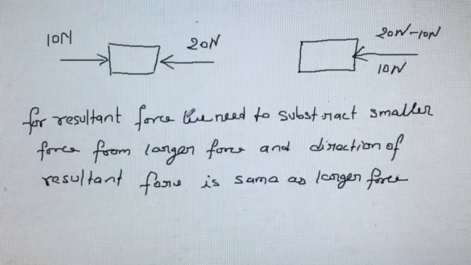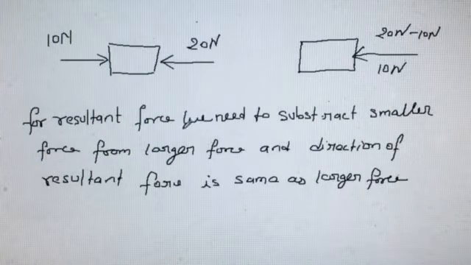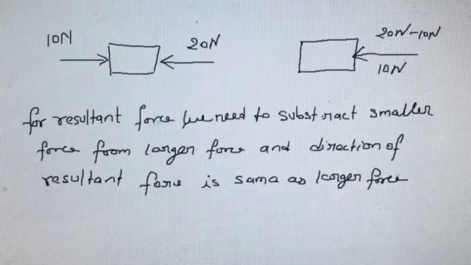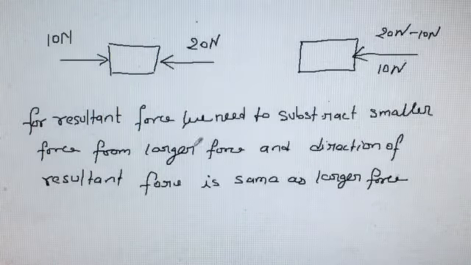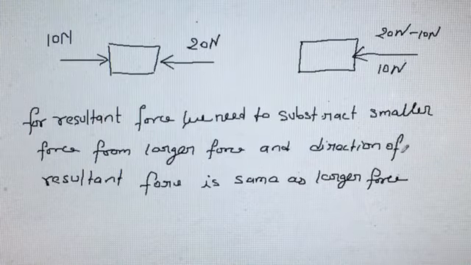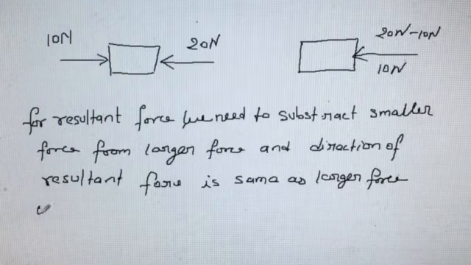So when two forces are opposite in direction, for resultant force we need to subtract the smaller force from the larger force, and the direction of the resultant force is the same as the larger force.